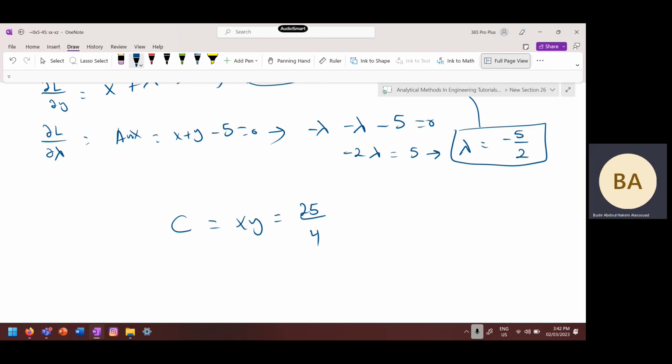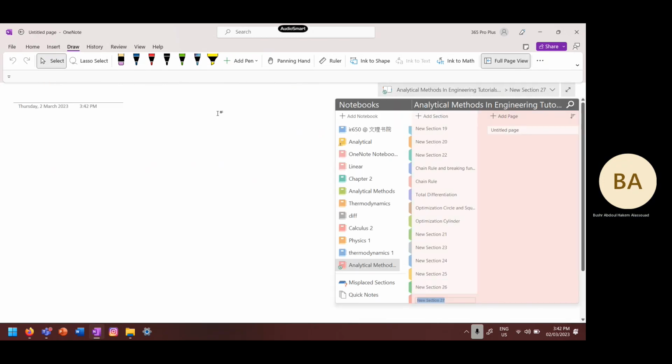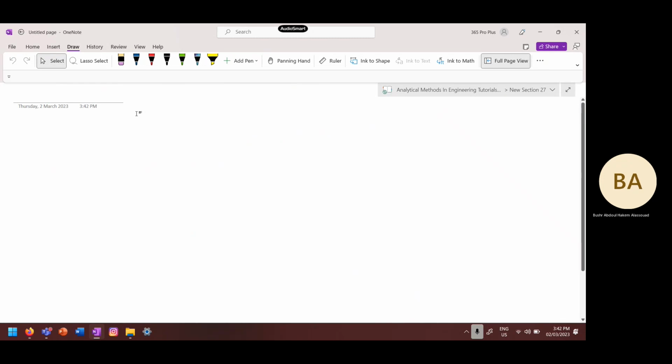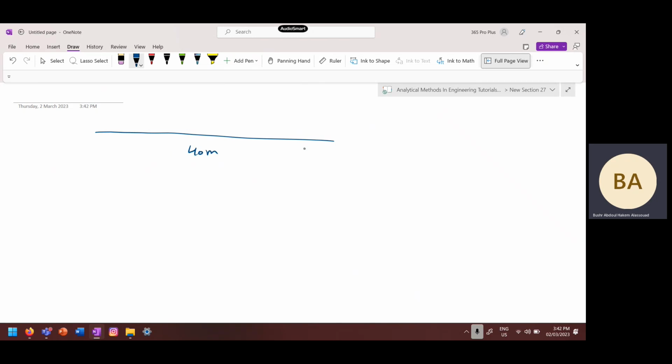Now we'll have a different problem. Let's say you have a wire, a 40 meter wire, and you're required to make two different shapes out of this wire.